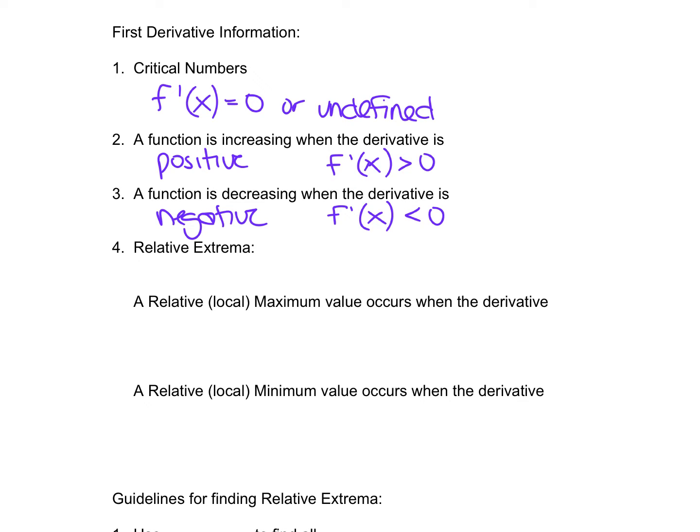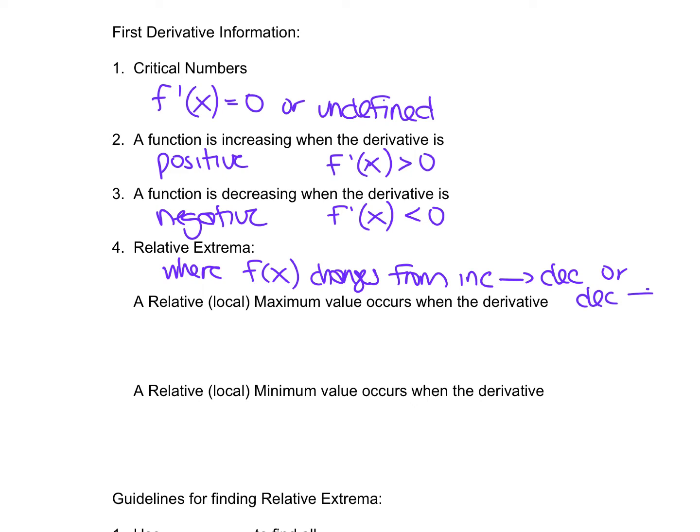So what we were just saying then, relative extrema are going to be where f of x changes from increasing to decreasing. Let me maybe do arrows. Or decreasing to increasing, right?